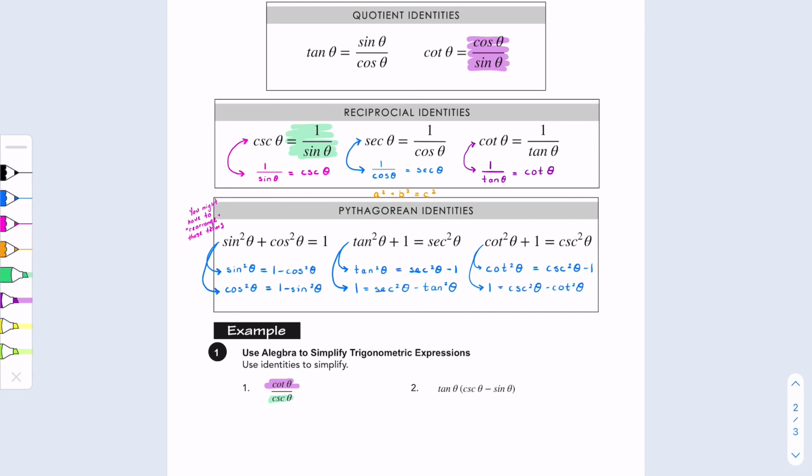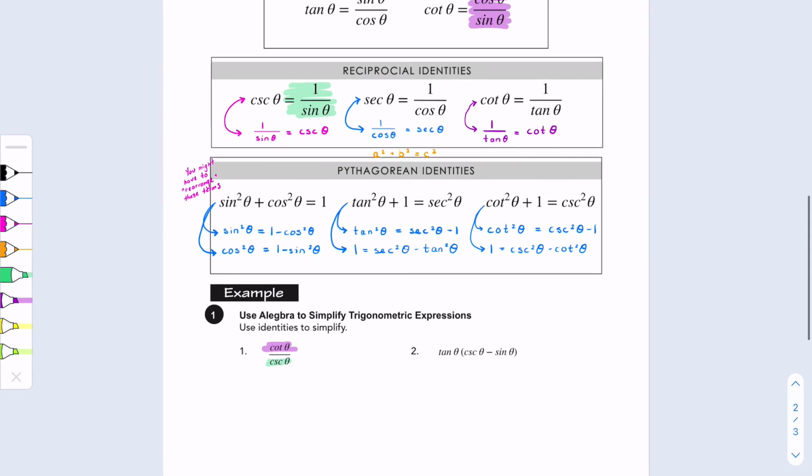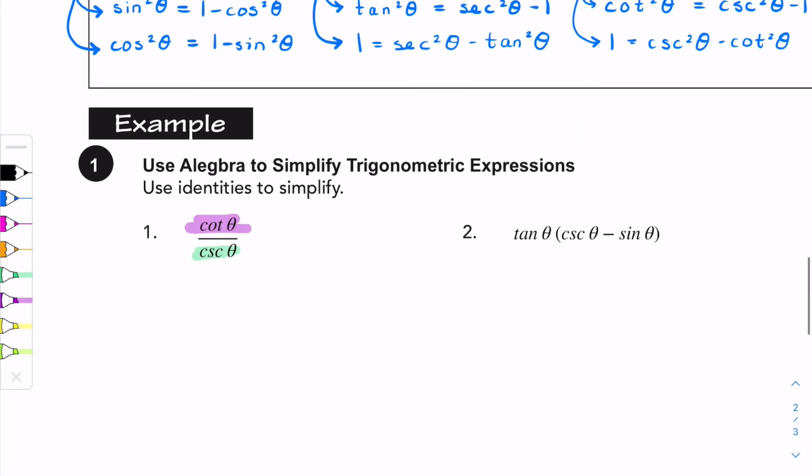I have one quotient identity in my numerator, one reciprocal identity in my denominator. So I can rewrite this as cosine of theta divided by sine of theta all over 1 divided by sine of theta.